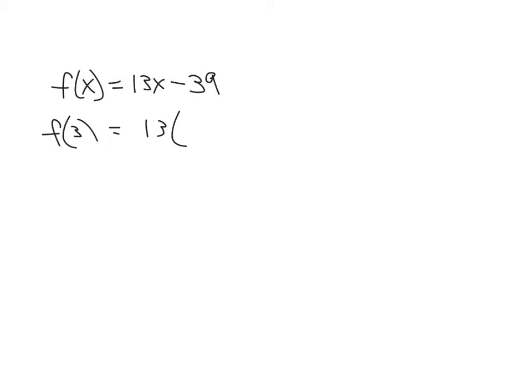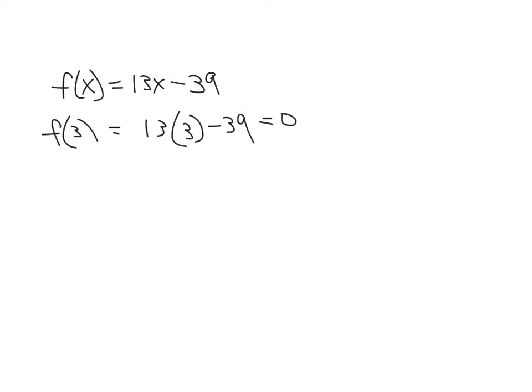So for the function f of x, and again that f of x is basically the same thing as saying y, 13x minus 39, they want us to find f of 3. Well, all that means is wherever you see an x, you're going to put a 3 in its place, and that's going to give you the answer of 0.